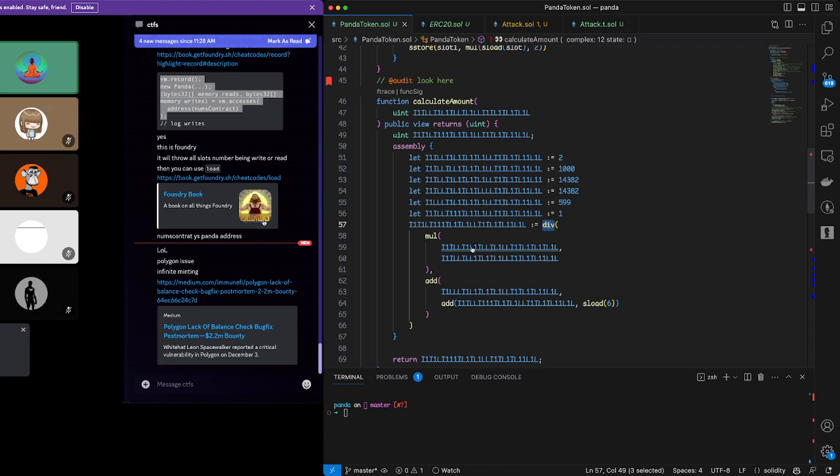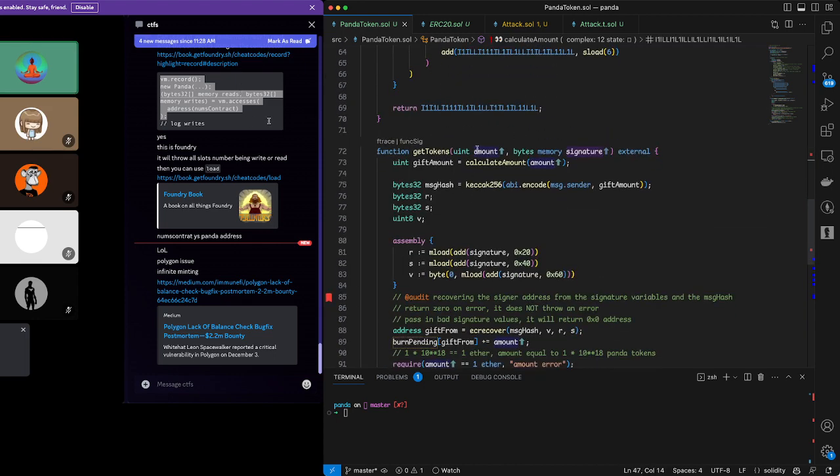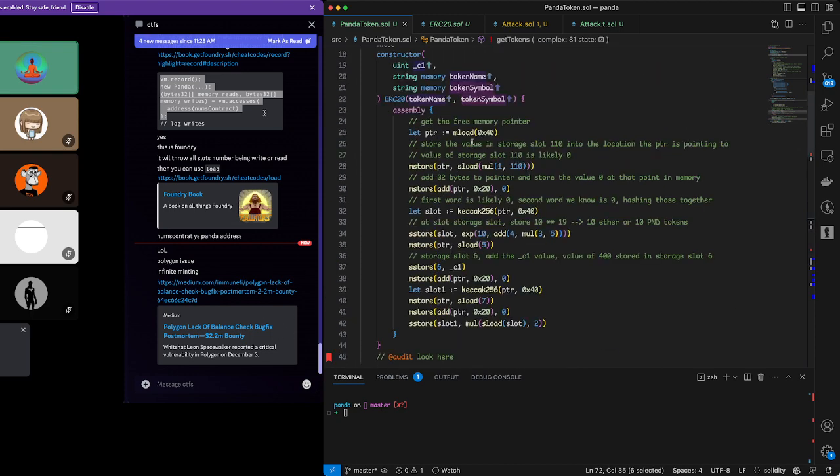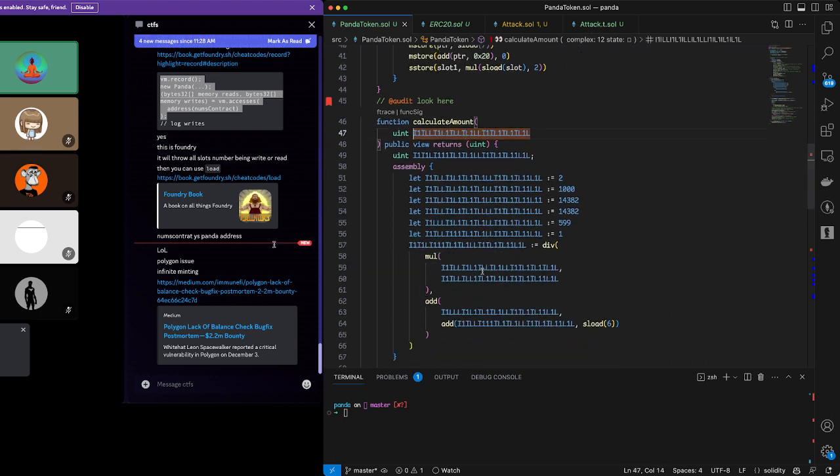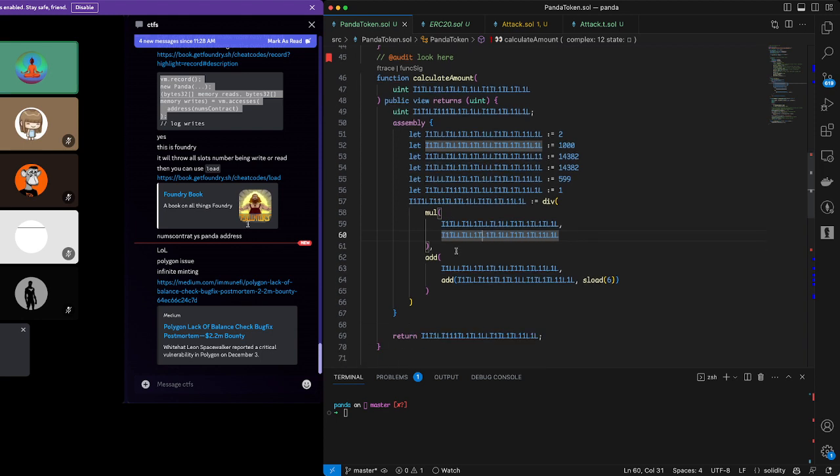So we're gonna divide the multiplication of the input. So remember, amount, this has to be 1 ether. So what's passed into calculate amount is 1 ether. So we're going to multiply 1 ether by 1,000.